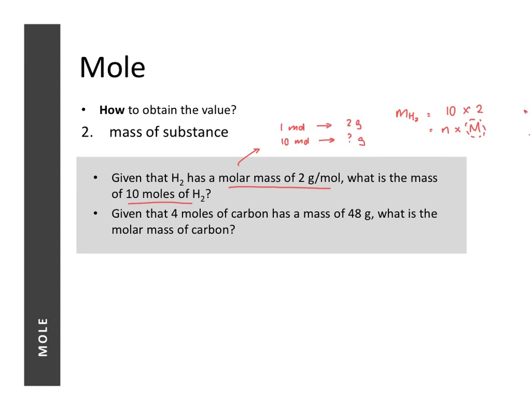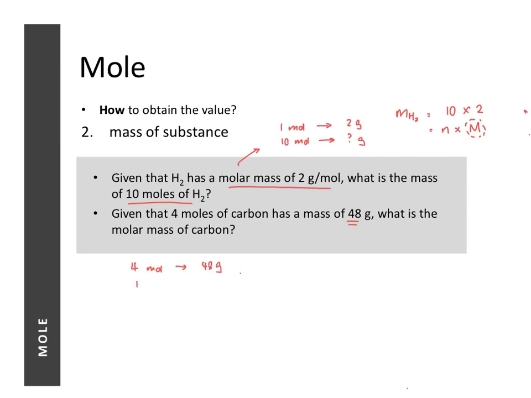Okay, so next question, given 4 moles of carbon has a mass of 48 grams, what is the molar mass of carbon? Now assuming that you don't know the molar mass of carbon, but they tell you that 4 moles of carbon has a mass of 48 grams. What is the molar mass?